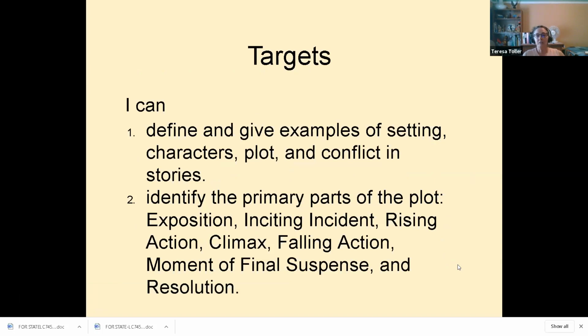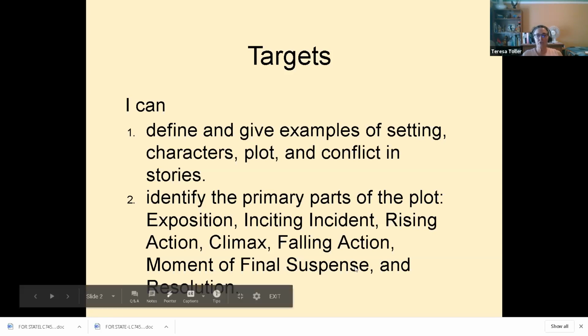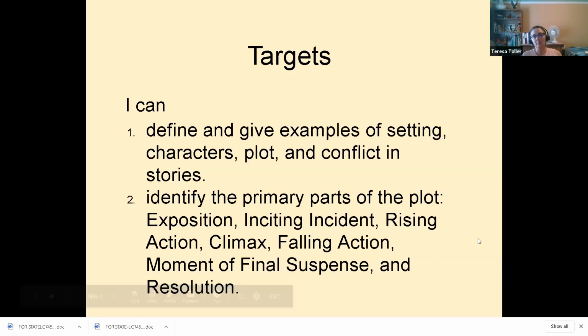You're only going to be asked on the RLA test questions that refer to plot or refer to the conflict. They are not going to ask you what the definitions of these are. This is just background information, so you will have an understanding of these ideas that they will ask you about.